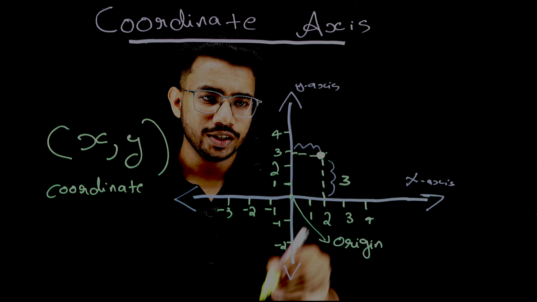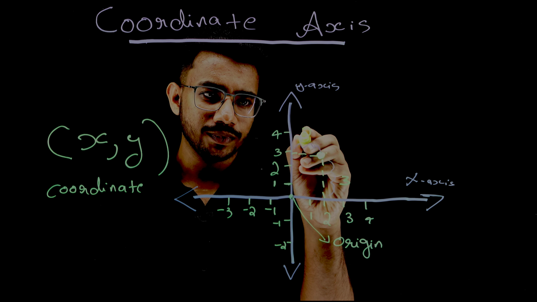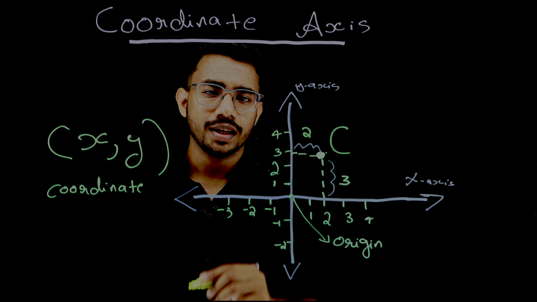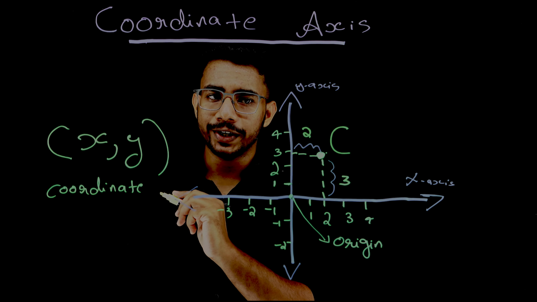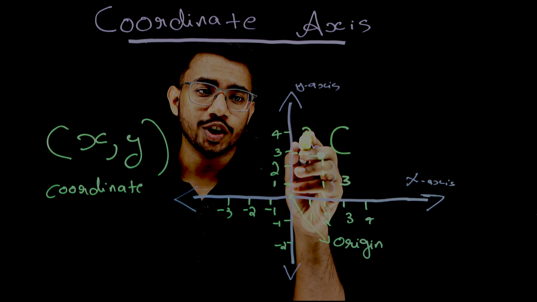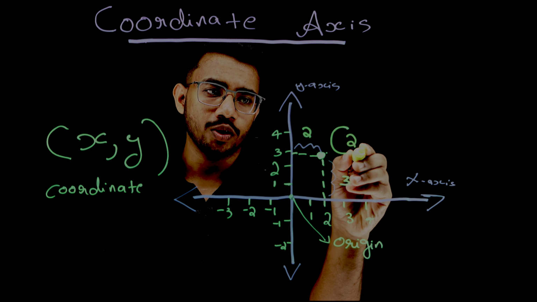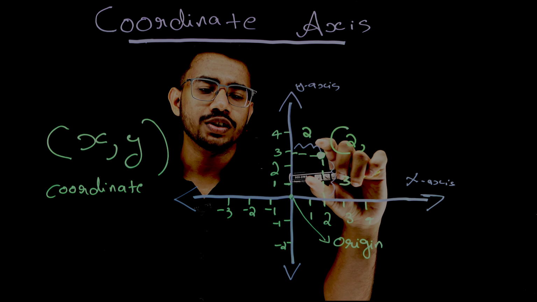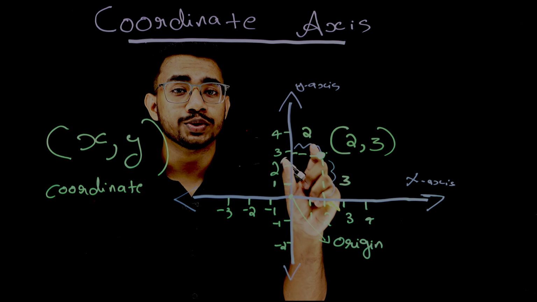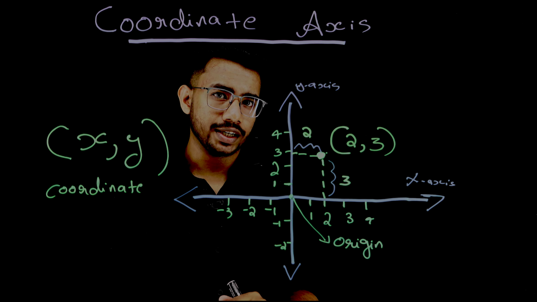So, that will be 2 here. So I can say that the coordinate of that point is, I always write the x coordinate first or the horizontal distance first, and the horizontal distance is how much? 2, comma, now the y distance or the vertical distance, that is 3. And that's how we represent the position of a point in the coordinate axis.